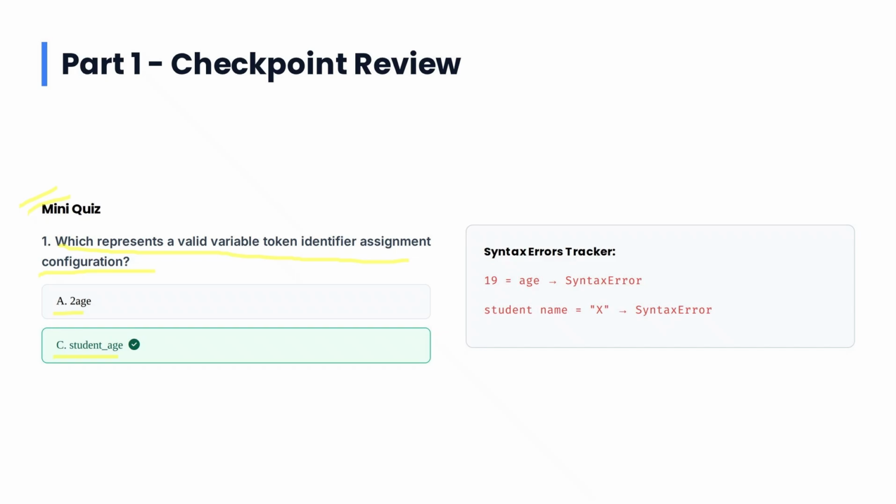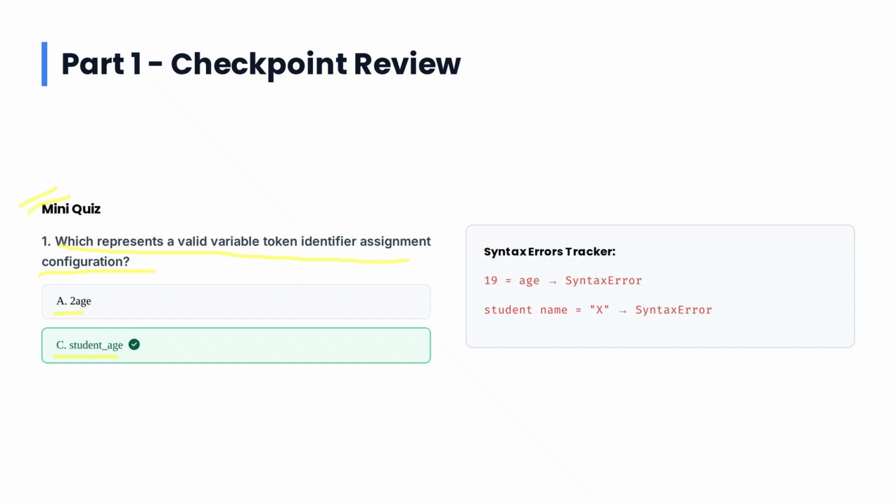So here the answer will be student_age. As I already said, 2age is not an option, because the name of a variable cannot start with a digit. It always has to start with an alphabet.